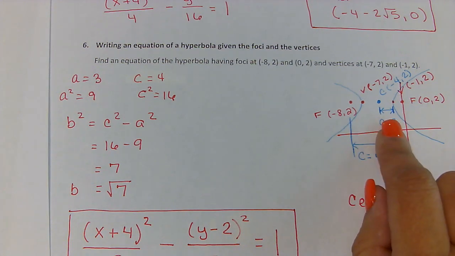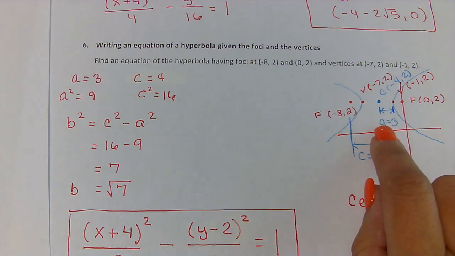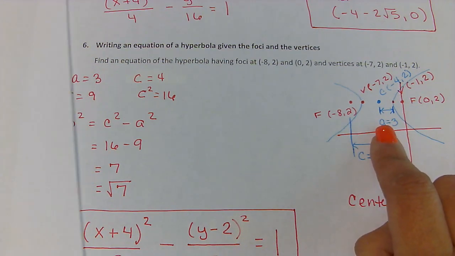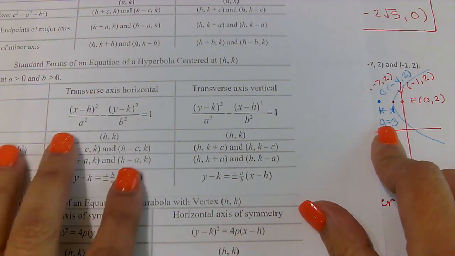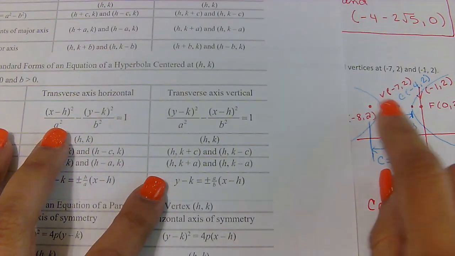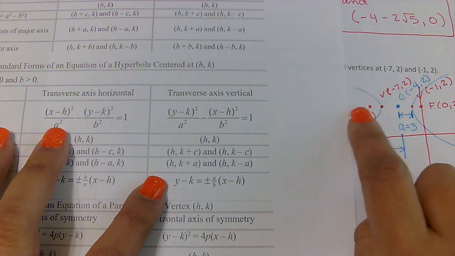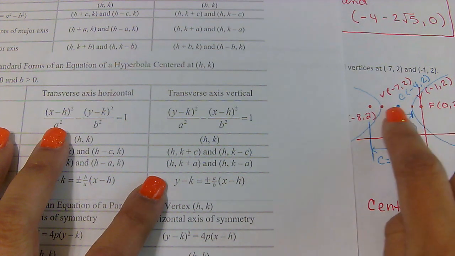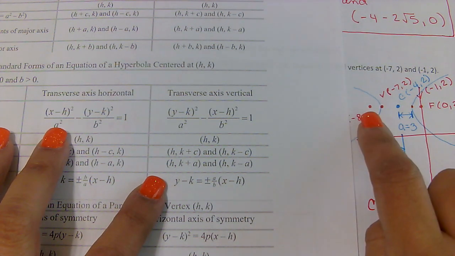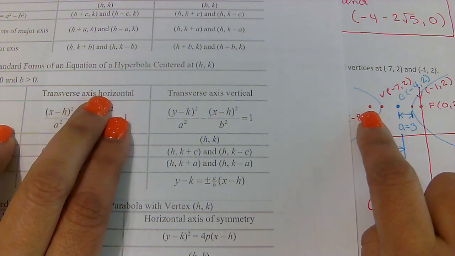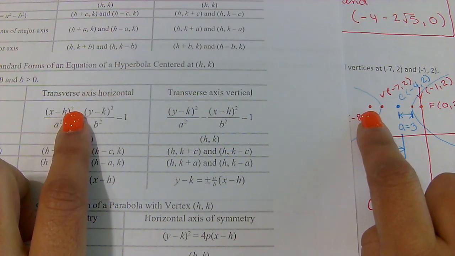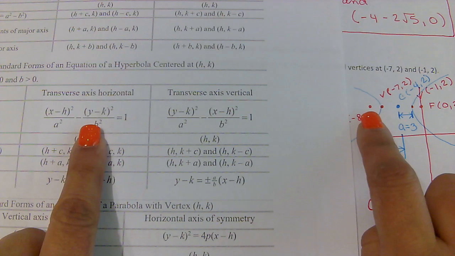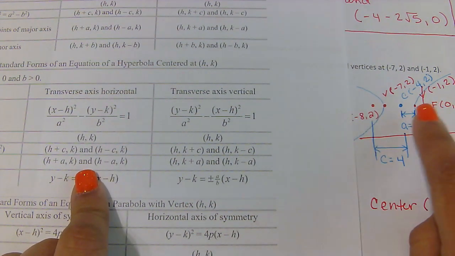If you're having problems determining if this is your a or if this is your b, you need to go ahead and look at your equations. Notice that our line is going to be horizontal. That means our transverse axis is going to be horizontal, and I'm going to be using this set of equations.